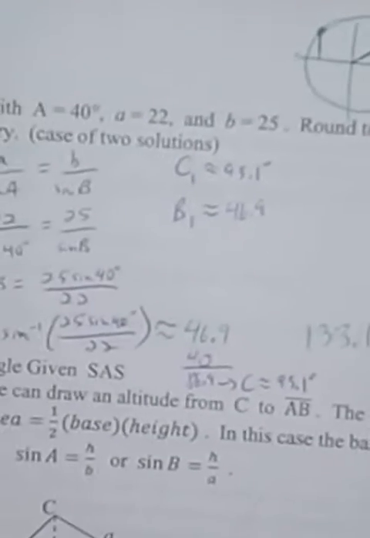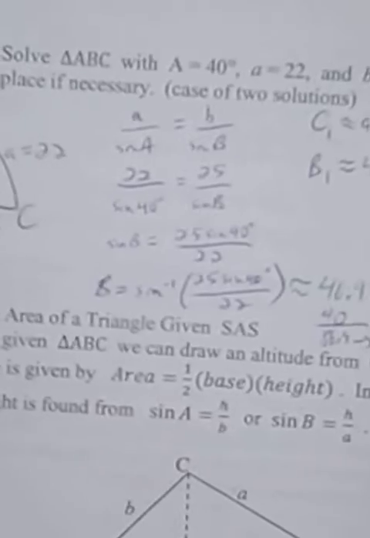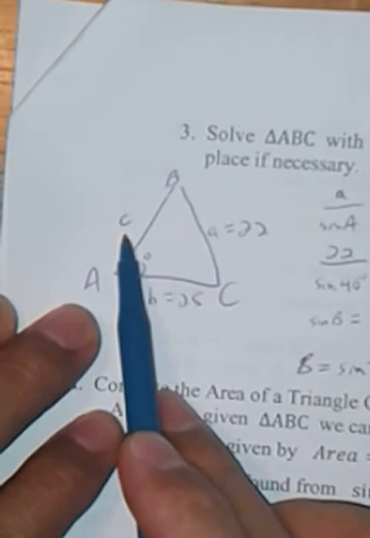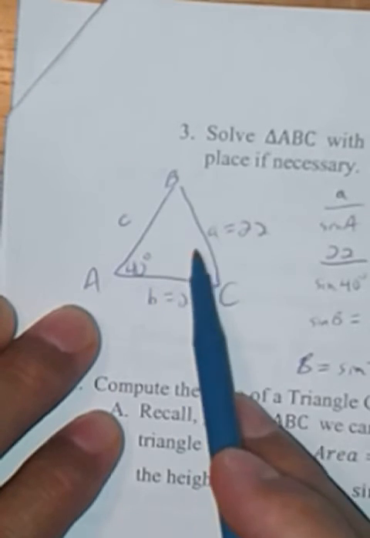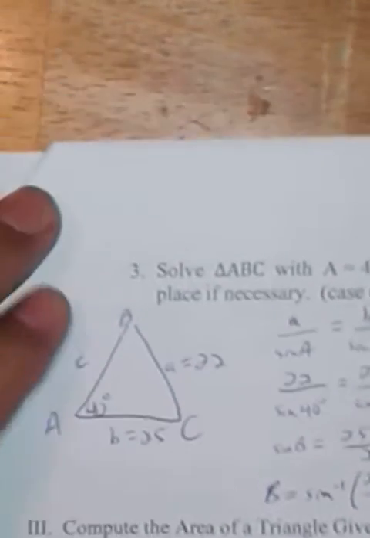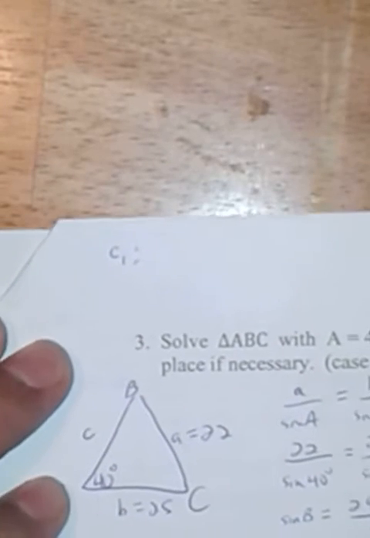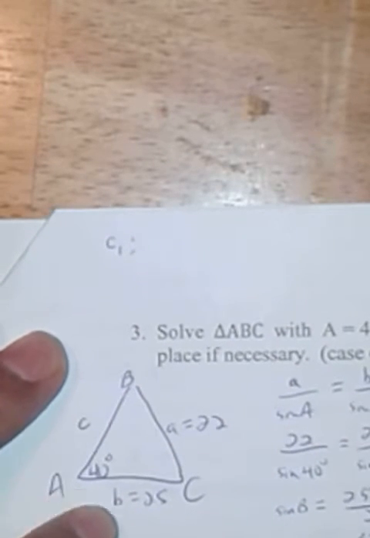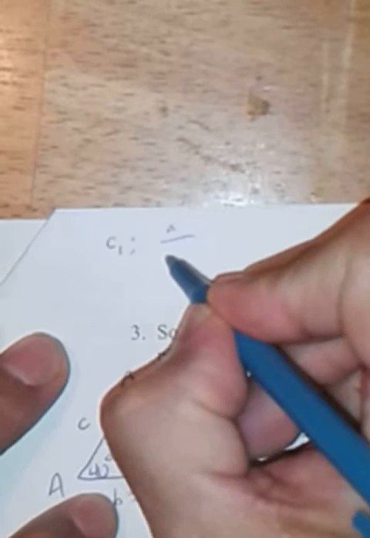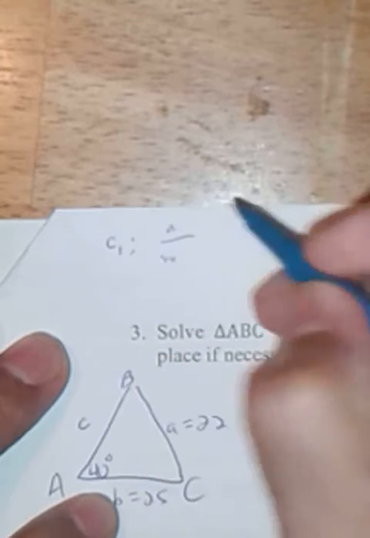All right. So if we have C1 and B1, then side C will be different, right? So we have side B and side A given. To find side C, let's call it lowercase c1. I know that side A over sine of A, you know what, I should just write the numbers.